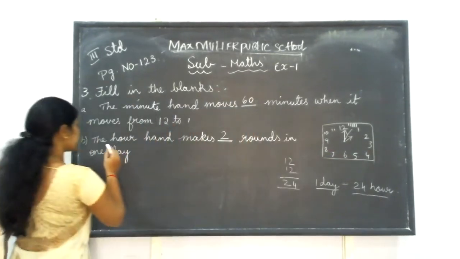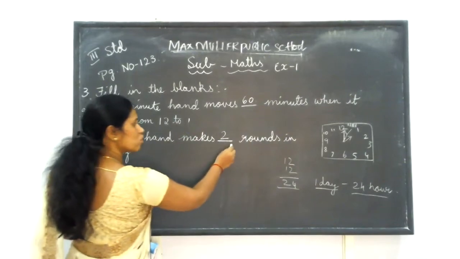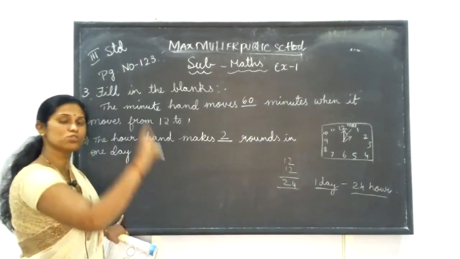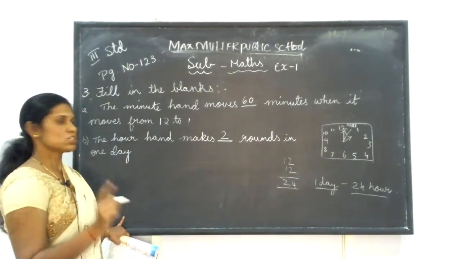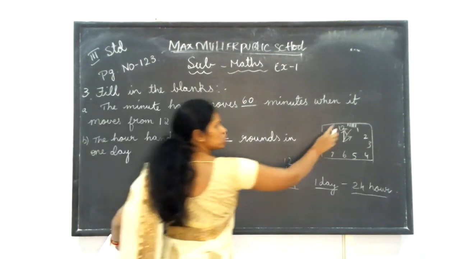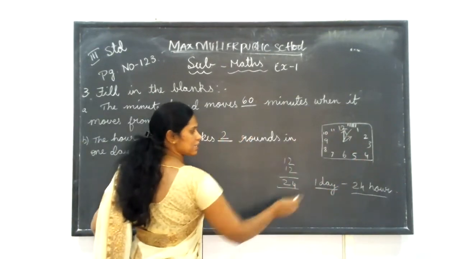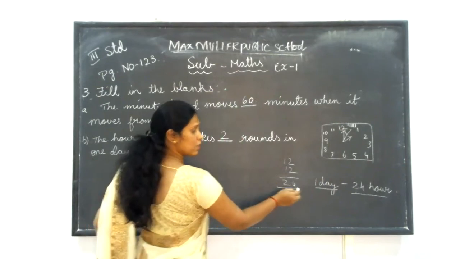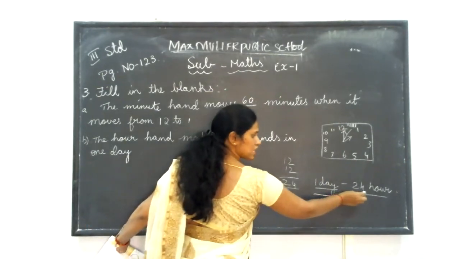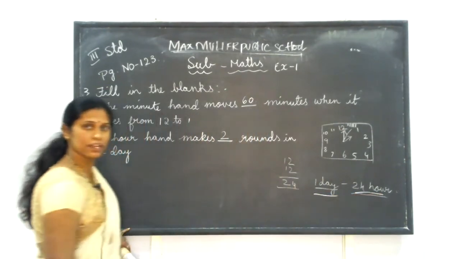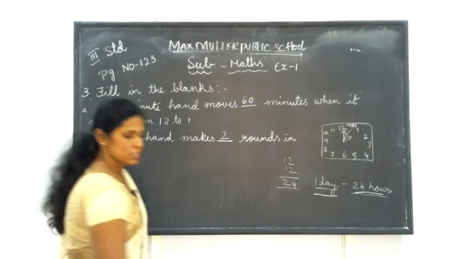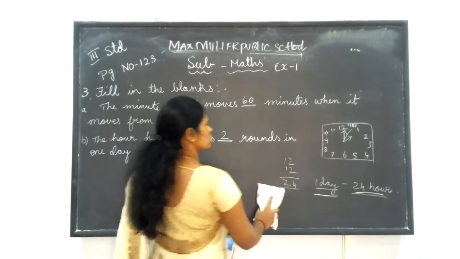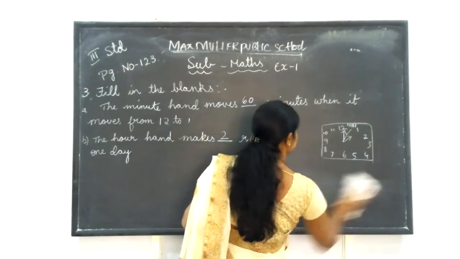But the hour hand makes 2 rounds. It will go how many times? 2 rounds in 1 day. So 1 day, 12. See here, 12 plus 12 is how much? 24. In 1 day, how many hours are there? 24 hours are there. Understood all of you? So 2 rounds. Write down 2 rounds.